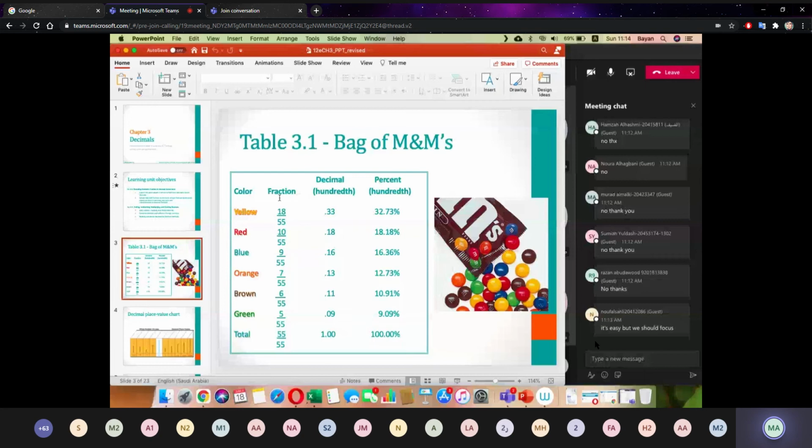How we make this fraction to become decimal? Grab your calculator, divide 18 by 55. Students, 0.327, or there is another value? No, it's not 0.33.